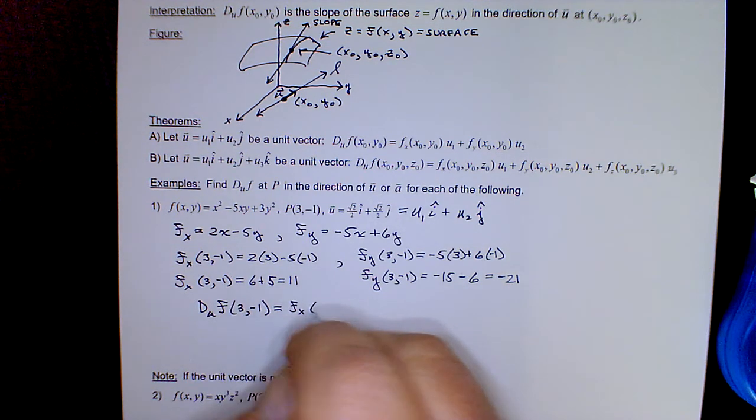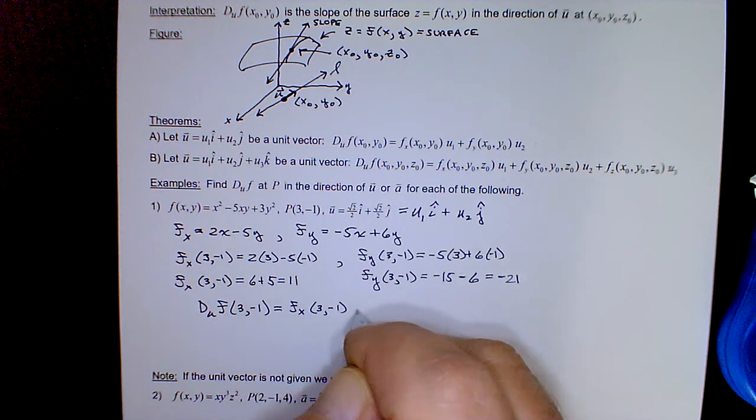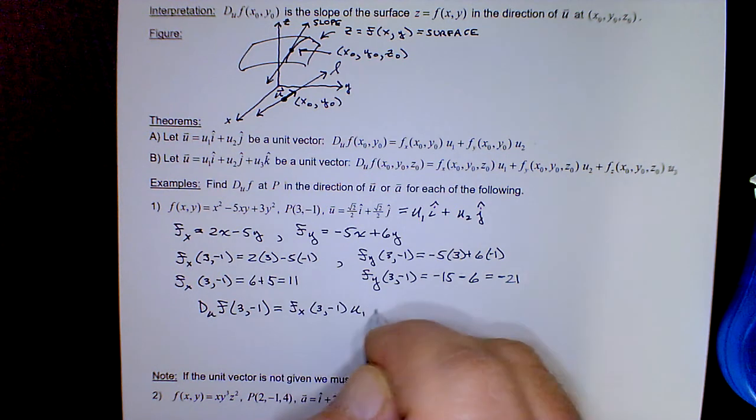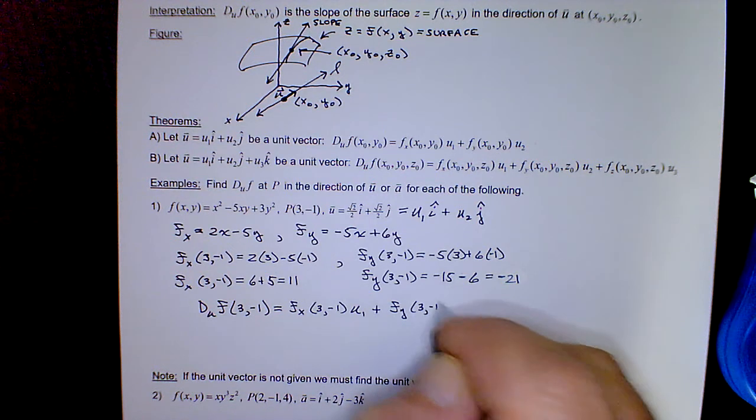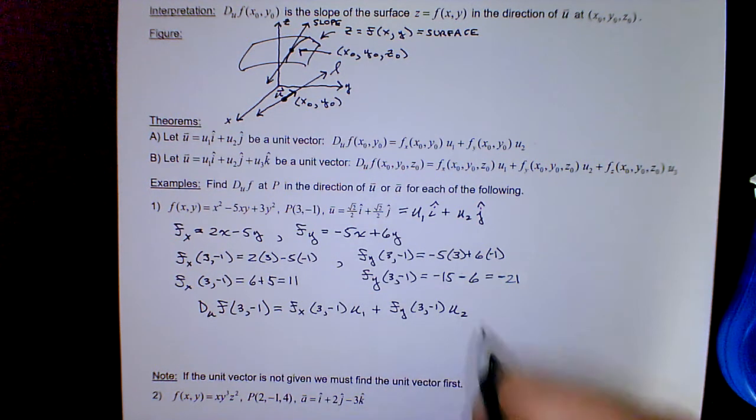I'll write it formally here. At 3, negative 1 times u1 plus f sub y at 3, negative 1 times u2.